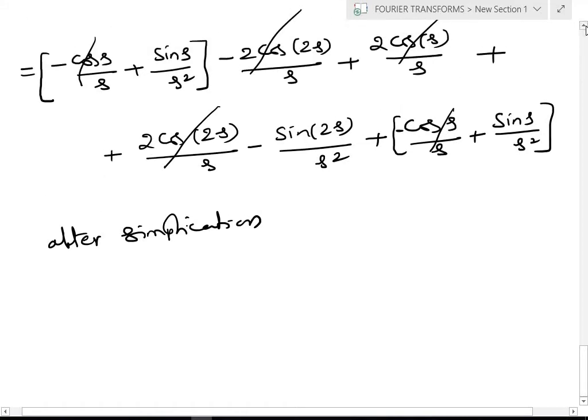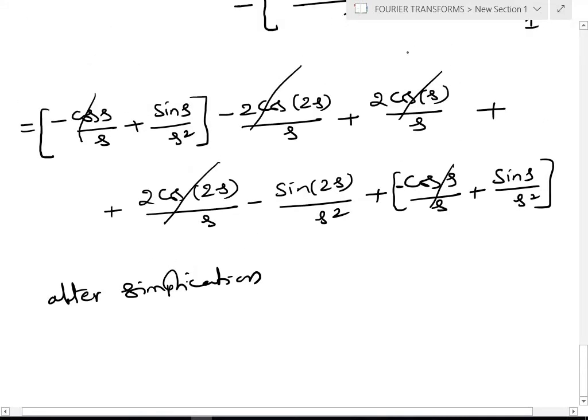Yeah. So be careful, maybe once again you check here. Cos s by s, minus 2 cos 2s by s, then remaining will be sin s by s square minus sin of 2s by s square, plus sin s by s square.